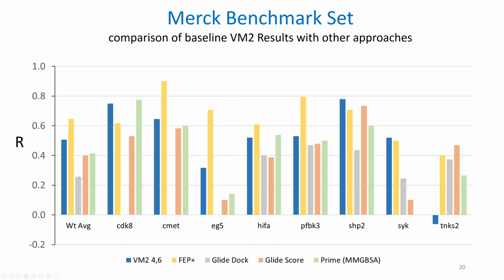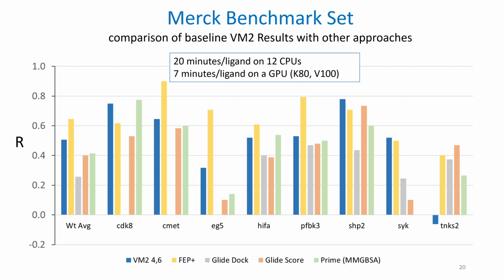It's not as accurate as FEP Plus, which is perhaps expected given the simplicity of the method, but what that gets you, on the other hand, is a lot of speed. So these calculations take about 20 minutes per ligand. If you're running across 12 CPUs, you could get it down to about 7 minutes per ligand pretty easily on a GPU. Whereas the free energy type calculations are much more time consuming.